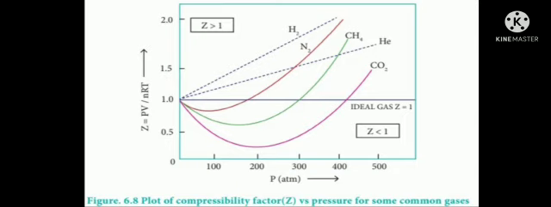In this graph, the line parallel to the pressure axis, or x-axis, is Z = 1 for ideal gases. Above Z = 1, we have Z greater than 1, that is, real gases show positive deviation. Below Z = 1, we have Z less than 1, that is, real gases show negative deviation.